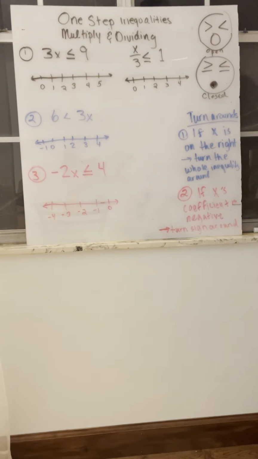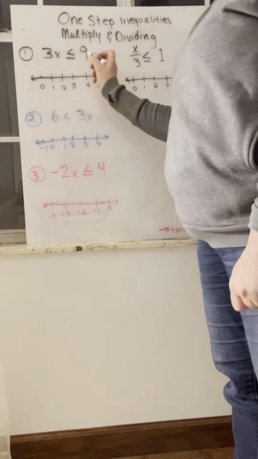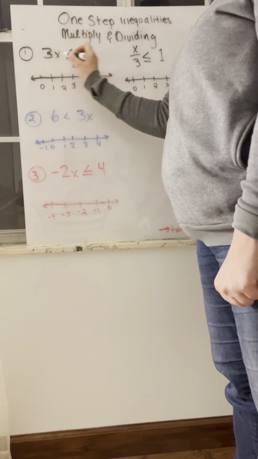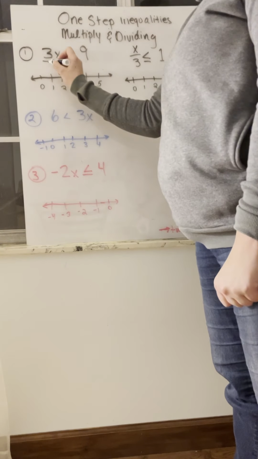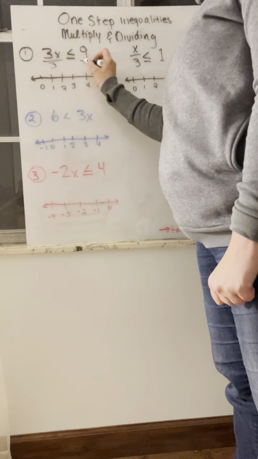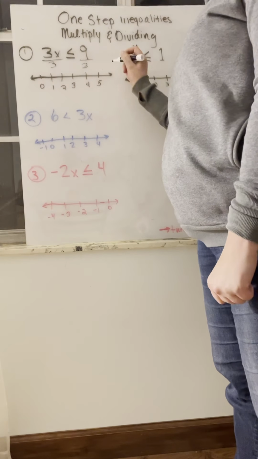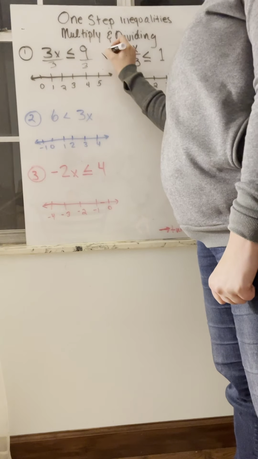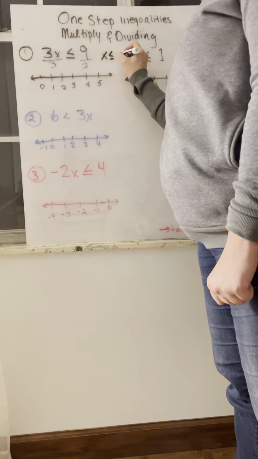Okay, so let's go over this. We have greater than or less than an open circle, greater than or equal to or less than or equal to a closed circle when you're graphing. And this one, we have 3x less than or equal to 9. We're going to divide by 3 on both sides, just like you would with a one-step equation, and then x will be less than or equal to 3.